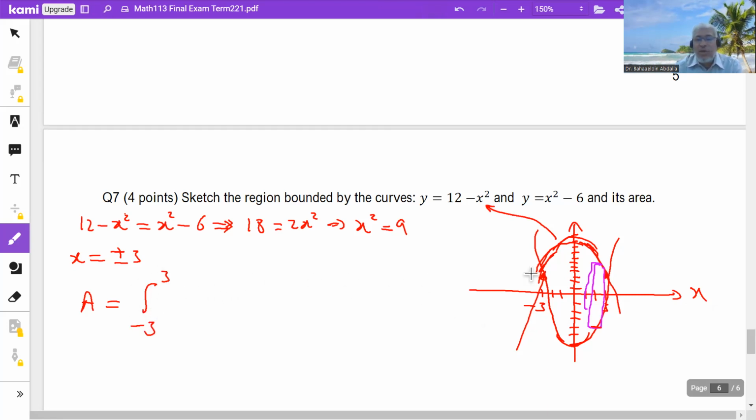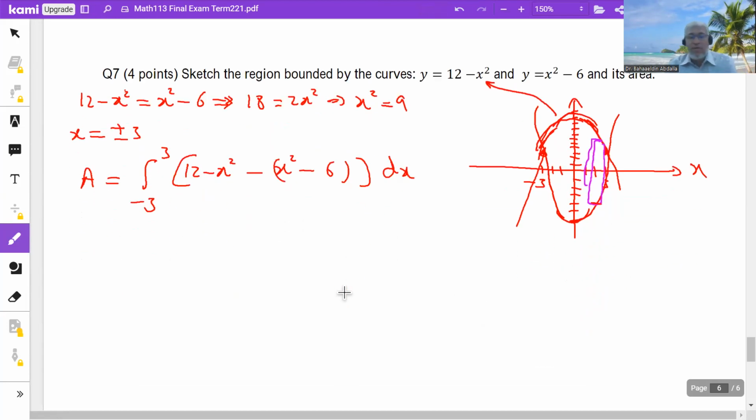That's the region. And which curve is above? So we have 12 minus x squared minus the other curve, which is x squared minus 6, dx. So this integral will give you the area between the two parabolas.